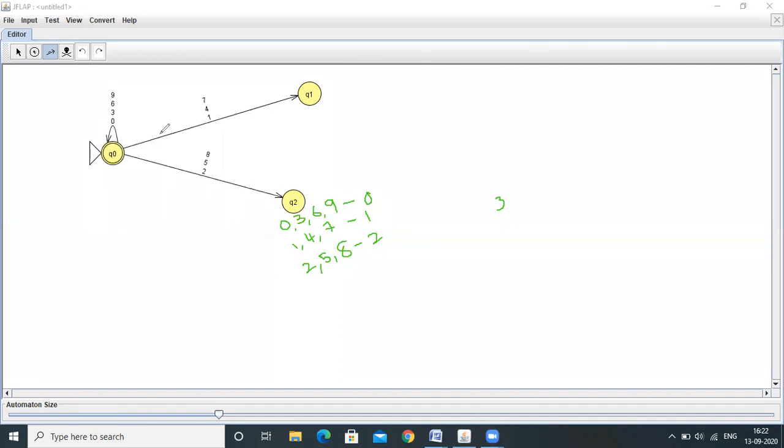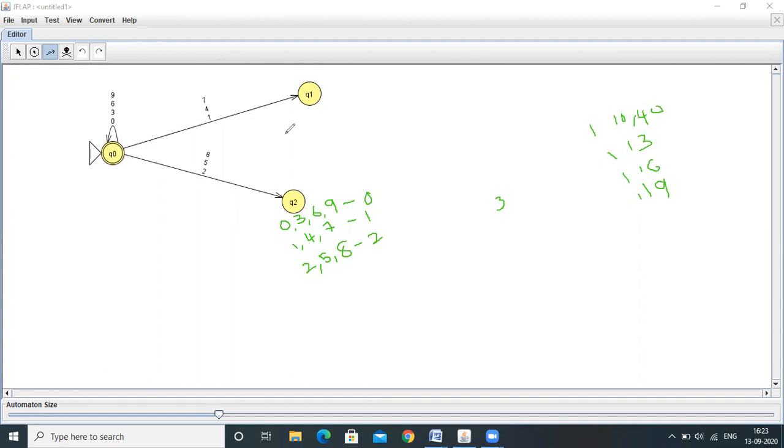Already on Q0 we got 1. If you get any number from this set 0, 3, 6, 9, what will happen? 10, 13, 16, 19, then 40, 70, and so on. If you perform modular division with 3, what is the remainder? You will get 1, 1, 1, 1.